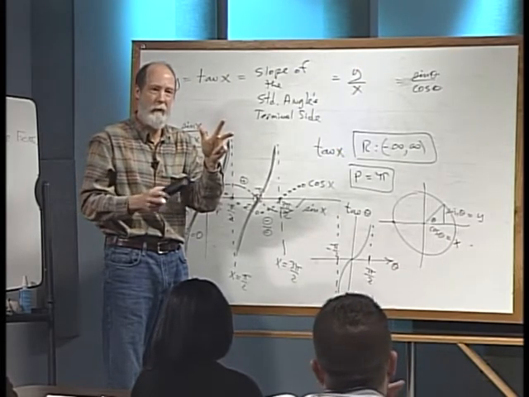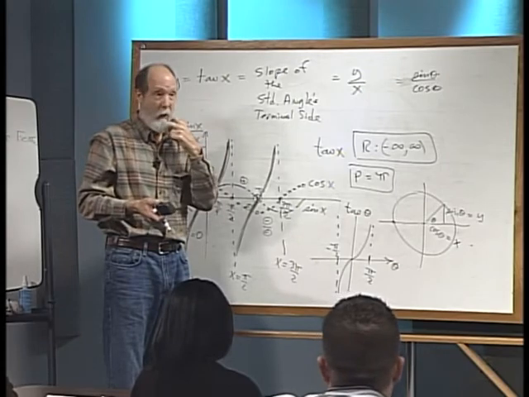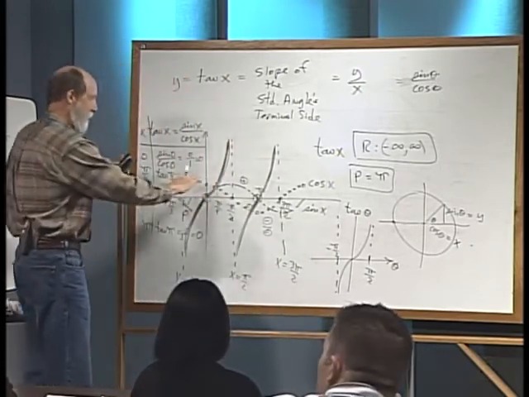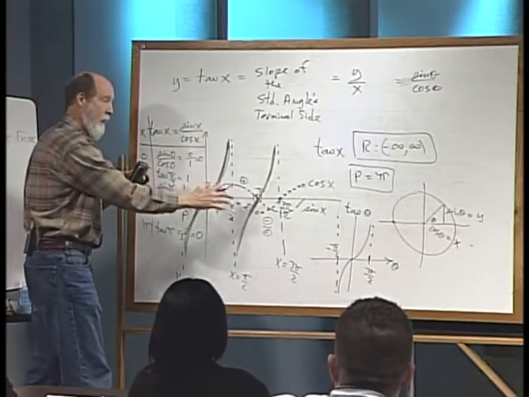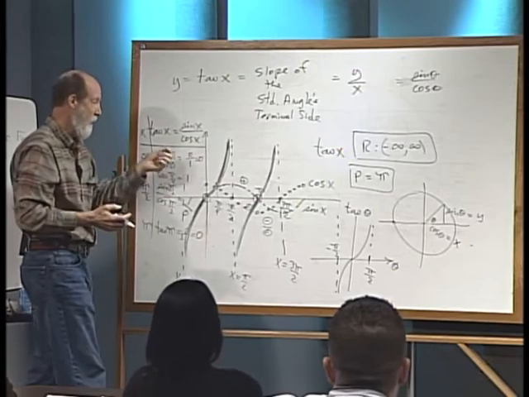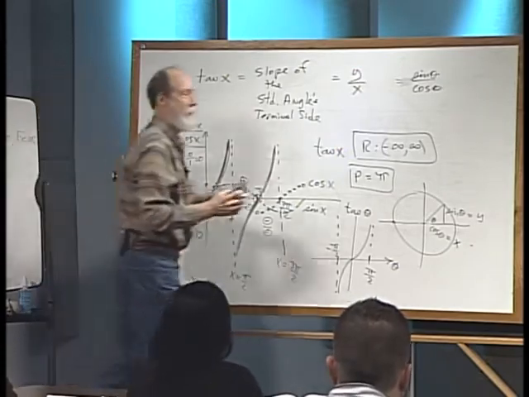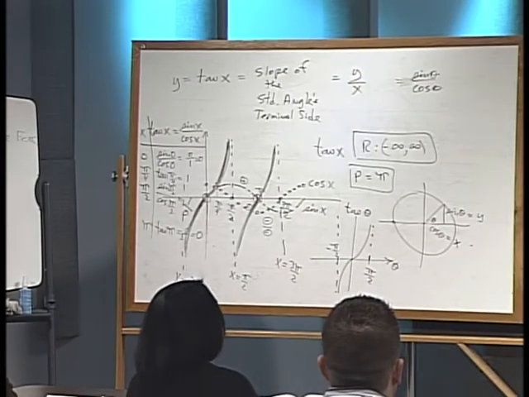The other three are simply reciprocals of the first three. So to give you the cotangent graph, I could give you the same story. I could draw the cosine graph, and I could draw the sine graph, and this time I'm going to divide the cosine by the sine. I'm not going to do all that with you. I'm just going to give you the result.